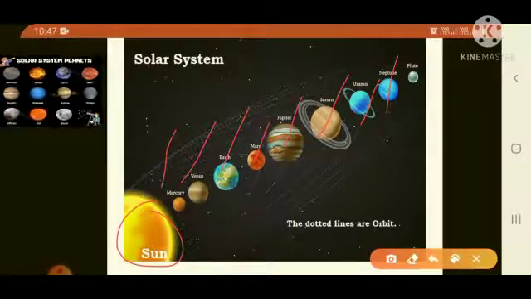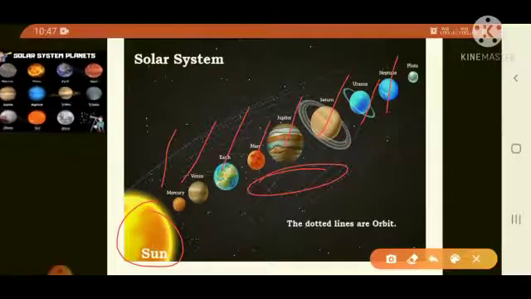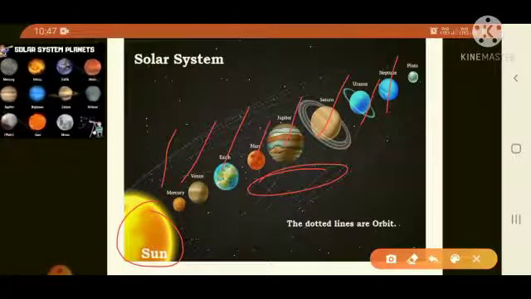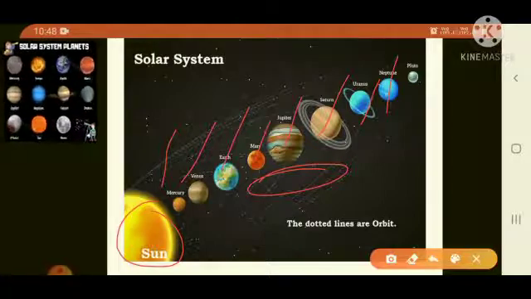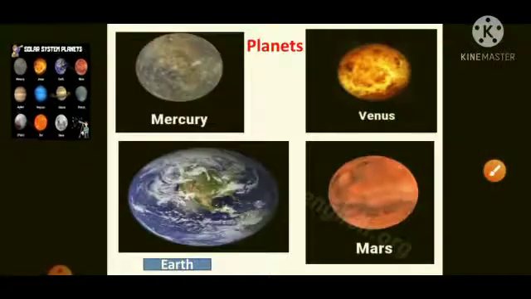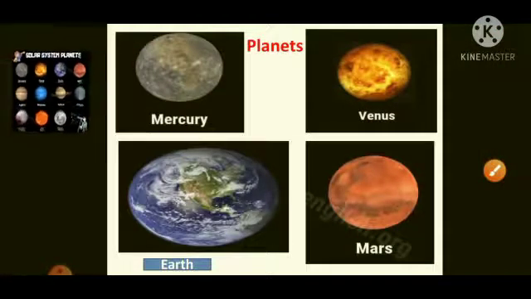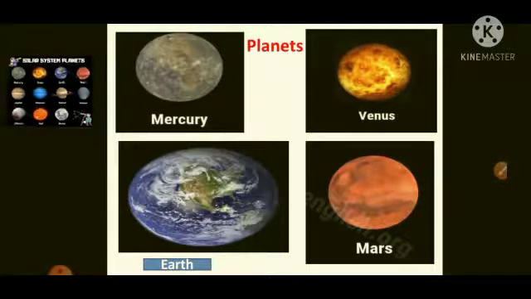The dotted lines are called orbits. These are the 8 planets.